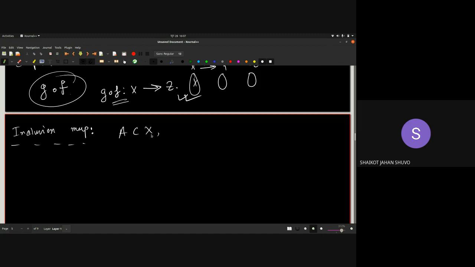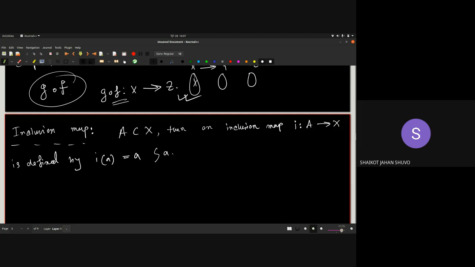Let's say A is some subset of X, then an inclusion map, which is defined by, let's say, i, that takes elements of A to X, is defined by i of a equals a, where this small a belongs to A. This map, by this map I mean this one, is called an inclusion map.